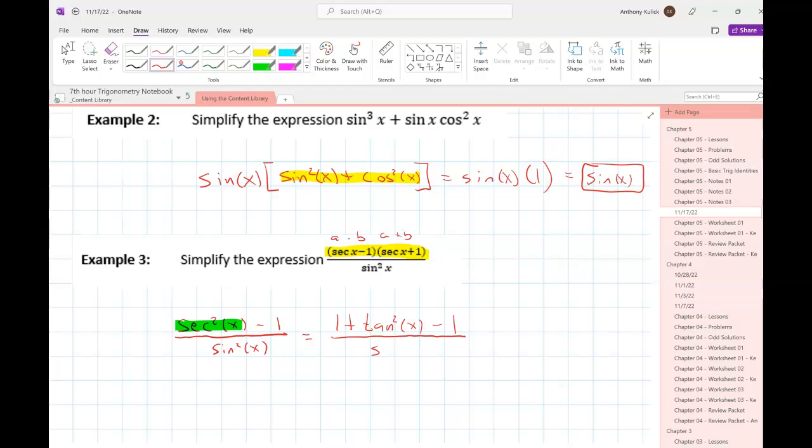Now we have 3 terms instead of 2. That's less simple than it was before. Yeah, but look at what can happen now. I have 1 plus tangent squared x minus 1. What can happen? The plus 1 and minus 1 cancel out. Oh! Yeah, that did make it better now.